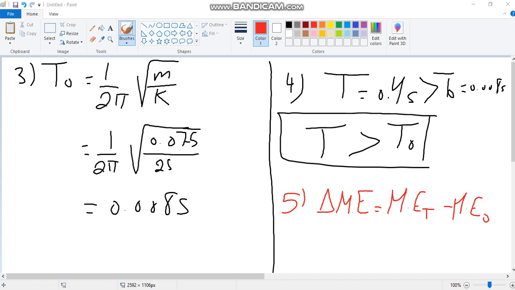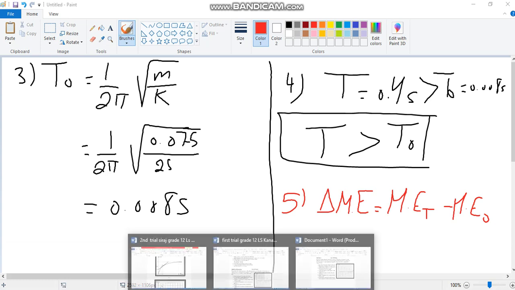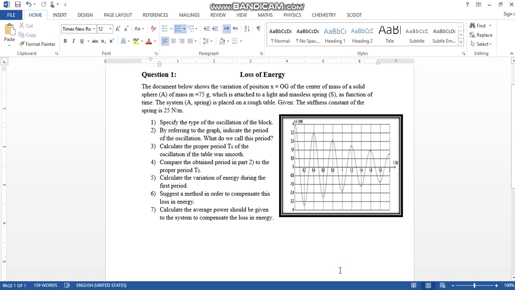From the graph, the mechanical energy at t equal to 0, at x maximum, is only the elastic potential energy, since at this instant the speed is equal to 0. At the extremes, the speed is equal to 0, so the mechanical energy is only elastic potential energy.